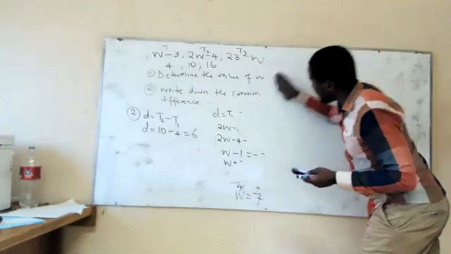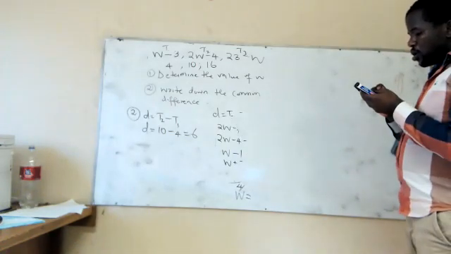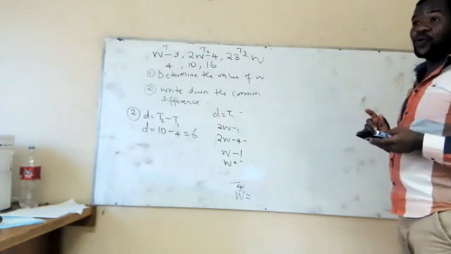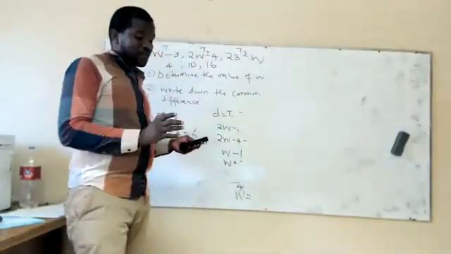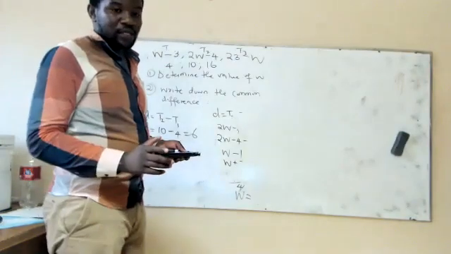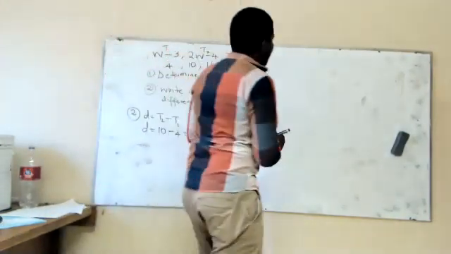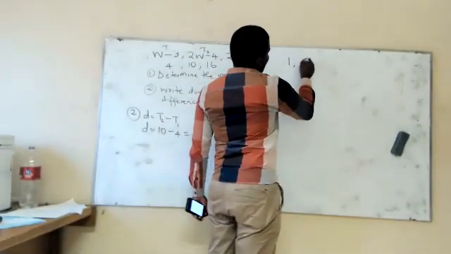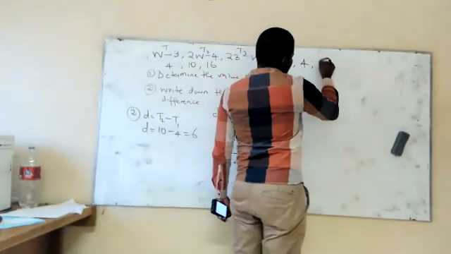So question number 3 is about a quadratic sequence. I believe by now you know that there's a relationship between quadratic sequence and arithmetic sequence. Let me just remind you of that relationship by a simple equation we have here.